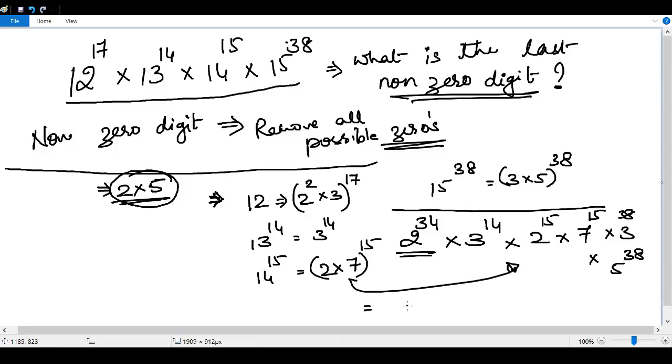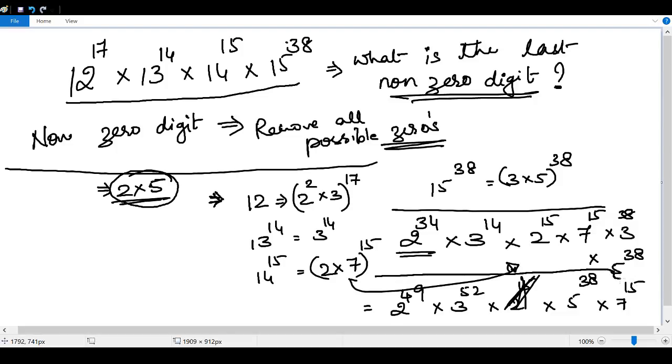Overall you have 49 2s, 52 3s, 15 7s and 38 5s.